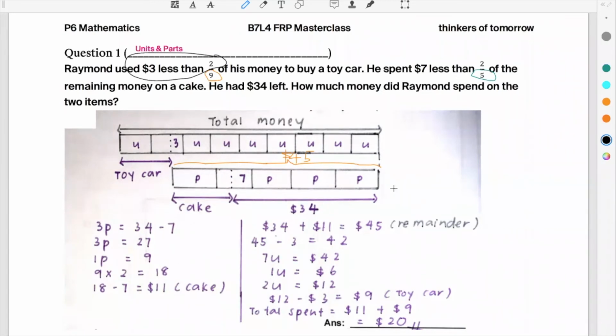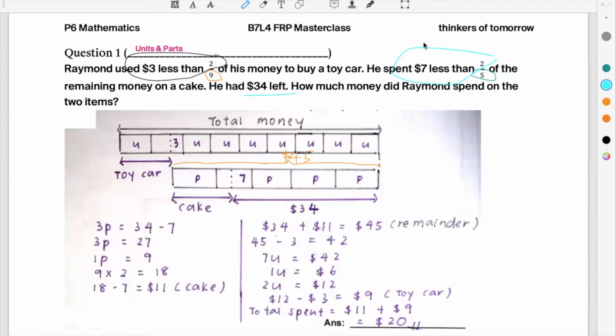Now, out of these 5 parts, how much did he spend on the cake? He spent $7 less than 2 parts. So 2 parts of the remainder, and then you move backwards by 7. Is this all right, guys? So this is the amount that he spent on the cake, and then the remainder would be $34.